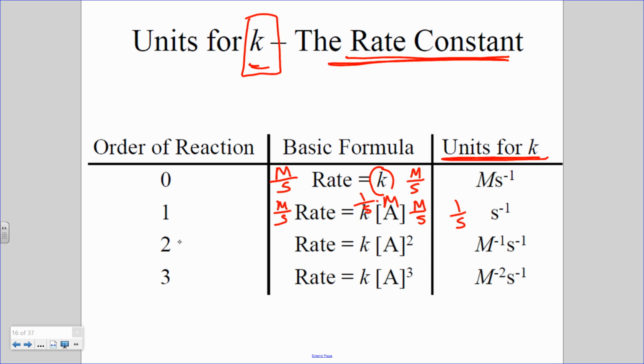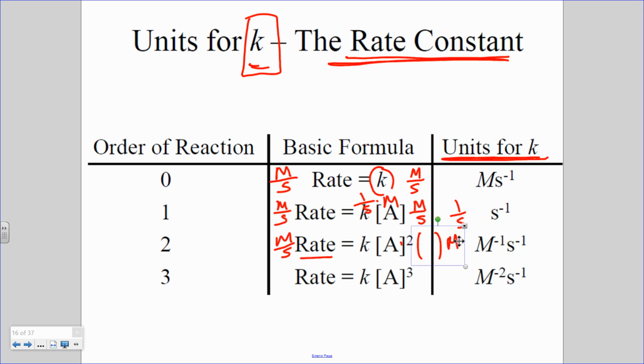For second order, same thing again. We have molarity per second for rate. Over here, you have K. Don't know what K is, but I know I have molarity squared. So if I need this to equal molarity per second, and I know A is going to give me units of molarity squared, K is going to have to be, let me write that right here.